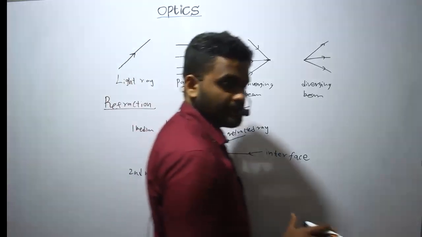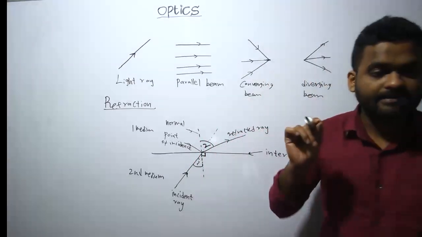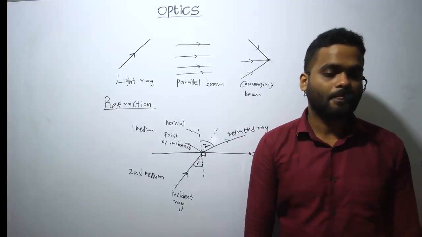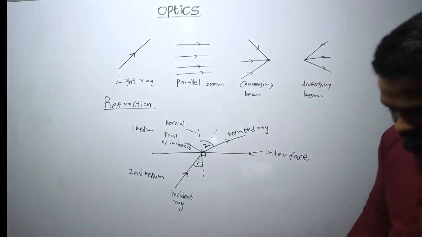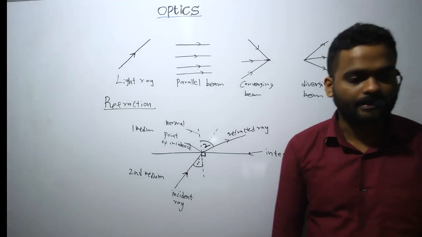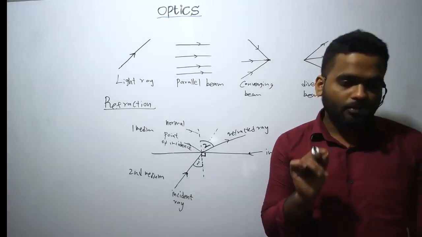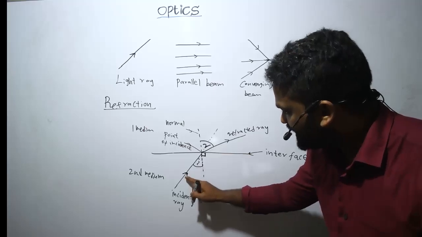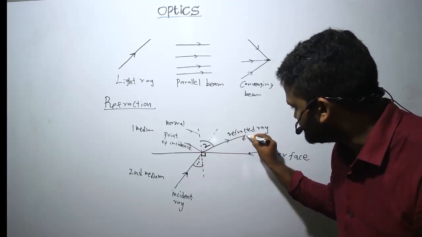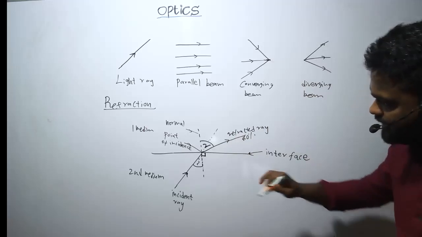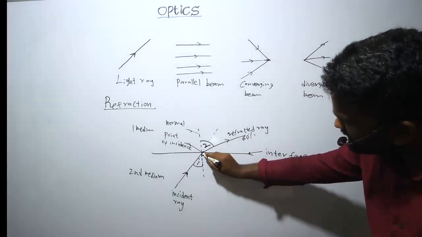I think it is clear. You have to clearly understand these terms and definitions. So under normal circumstances, about 80% of the energy of the incident ray gets refracted. About 20% gets reflected.